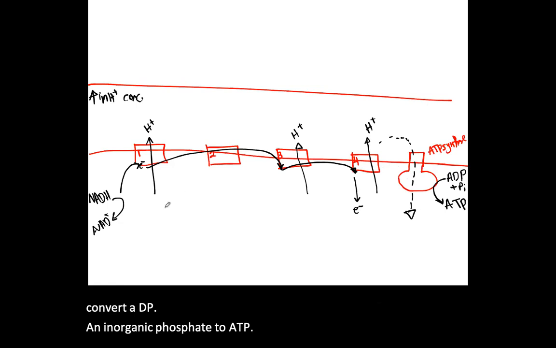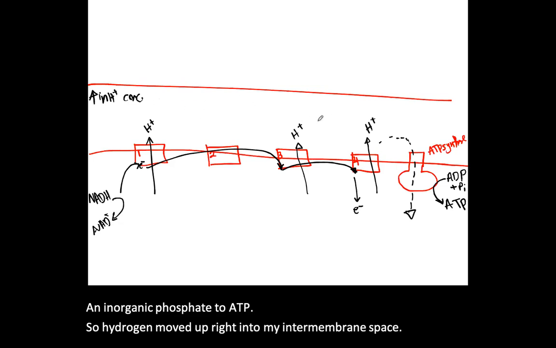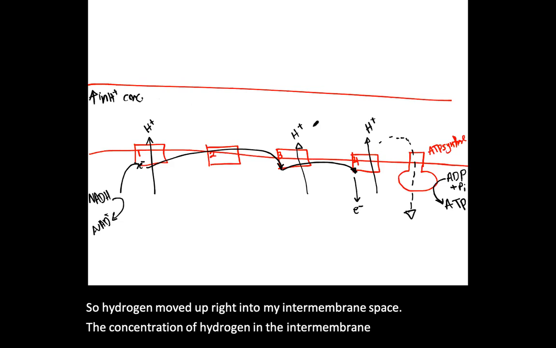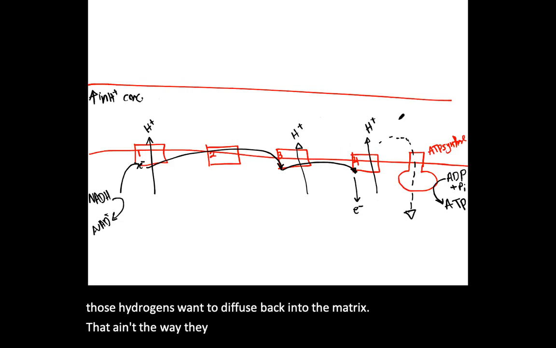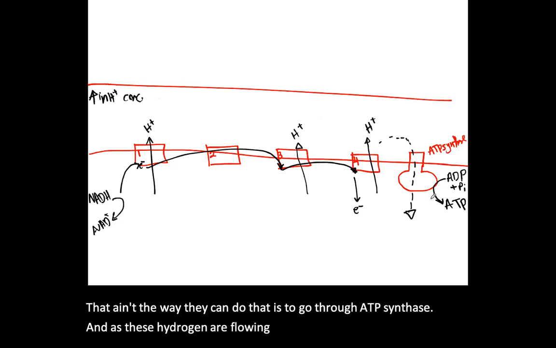So hydrogen moved up into my intermembrane space. The concentration of hydrogen in the intermembrane space went up. So those hydrogens want to diffuse back into the matrix. The way they can do that is to go through ATP synthase. And as these hydrogens are flowing back in, it allows the ADP to attach a phosphate to itself and form ATP.